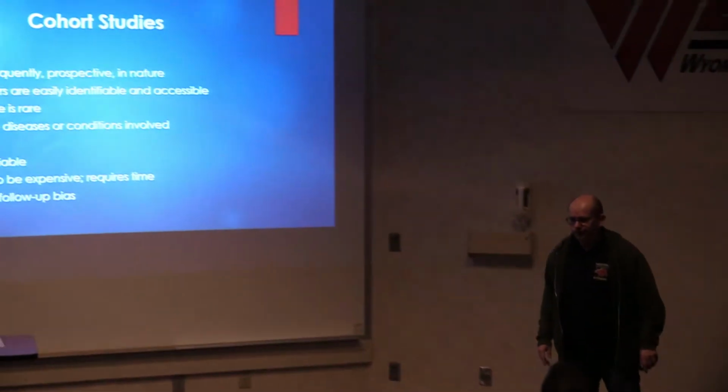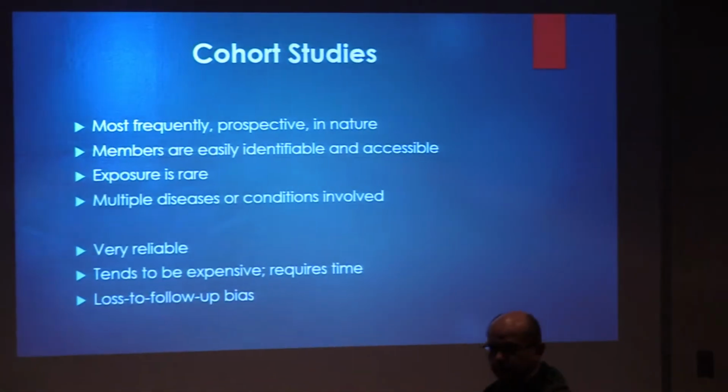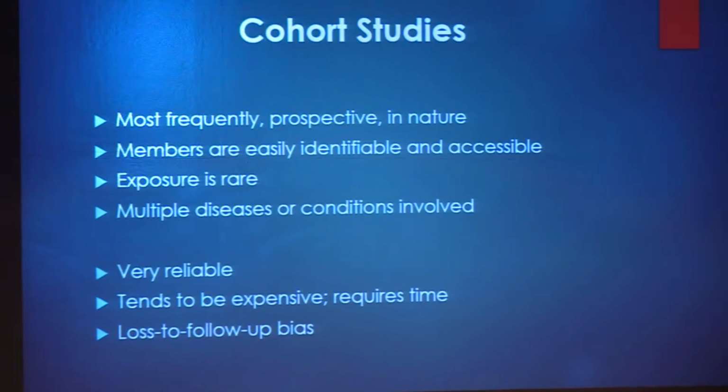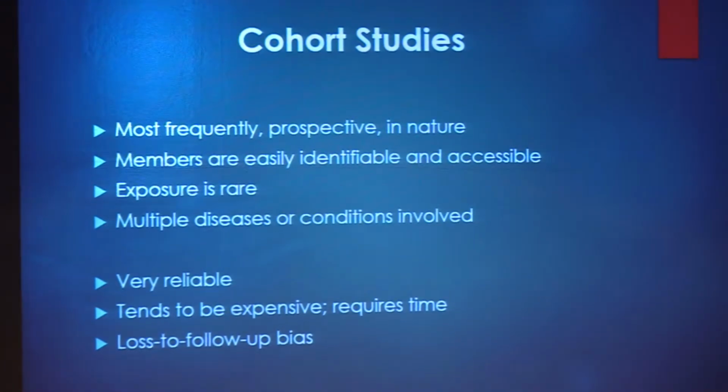These studies are most frequently prospective, i.e. you're looking into the future and see what happens. The members are easily identifiable and accessible. Exposure is usually rare. That's what we would like to focus on.